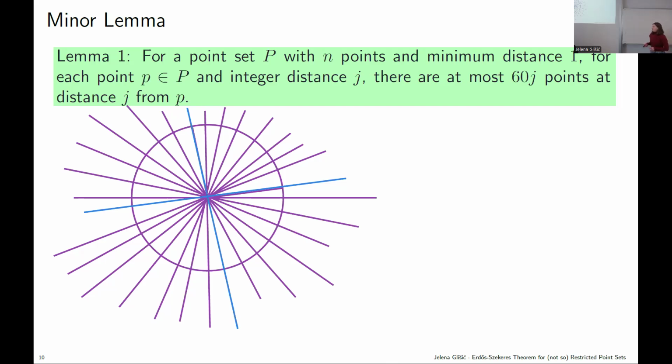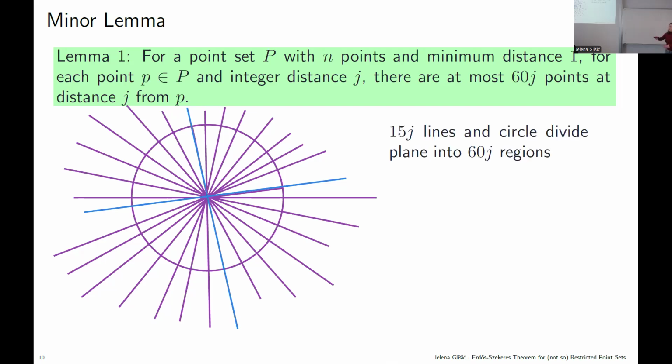And one way to do that, with this pretty picture, is to use 15j lines through this point P, which is fixed, and some circle. The circle will have radius j plus 1.